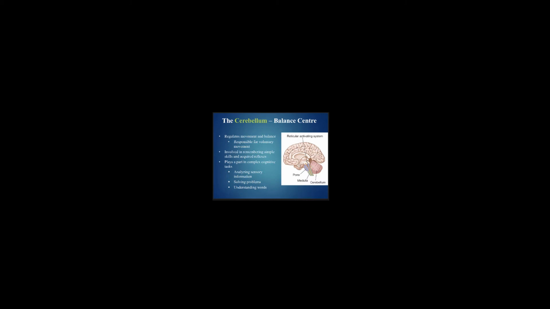When you have had too much alcohol, it is your cerebellum that gets affected because you lose that sense of balance. It plays an important role in cognitive tasks, analysing sensory information and solving problems, and also has some function in understanding words as well. This beautiful shape at the back here we call the cerebellum.